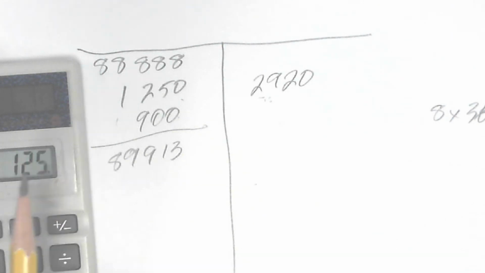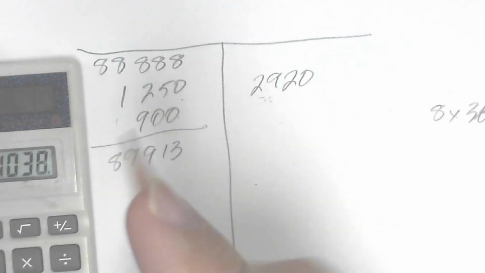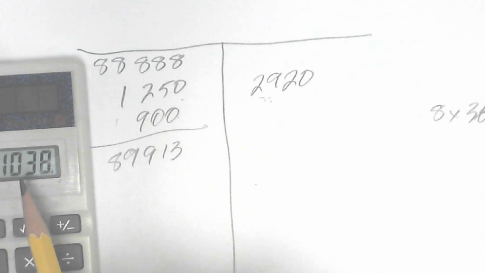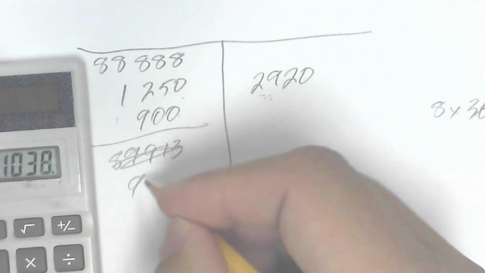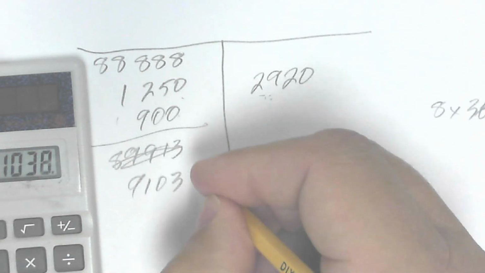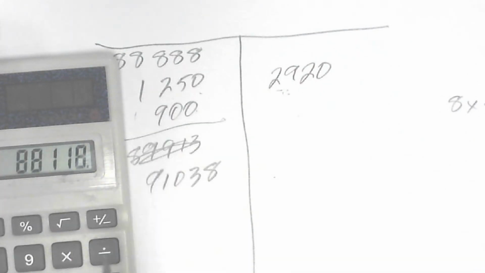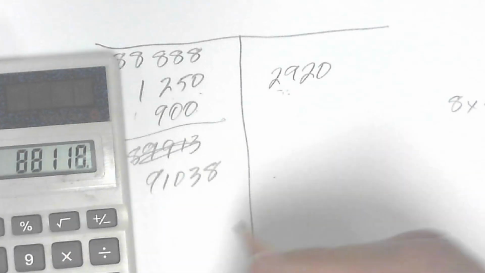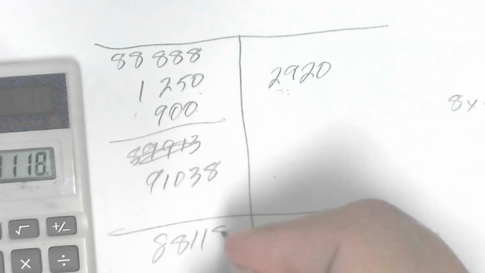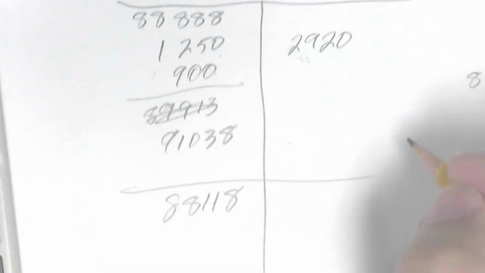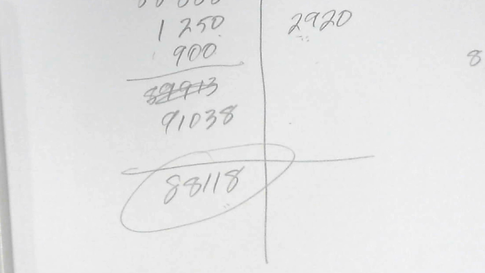See where I made my mistake. I must not have hit the plus key on the calculator very well. 90,138 minus 2920, 87,218. There's our answer for number 9.